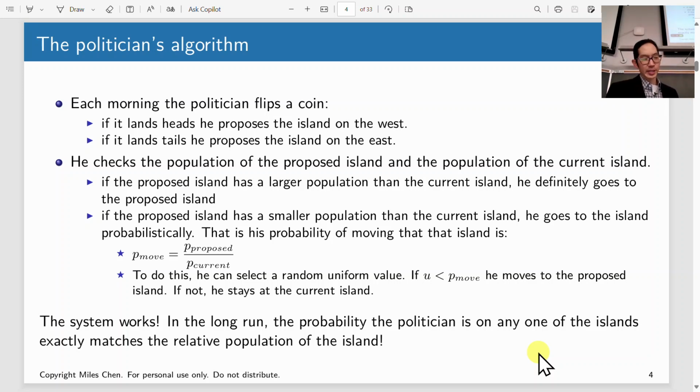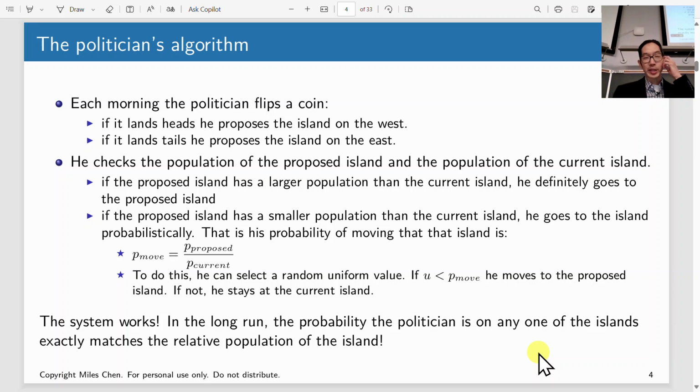And so if the proposed island has a larger population, then we will definitely go to the proposed island. But if the proposed island has a smaller population than the current island, we only go there probabilistically.